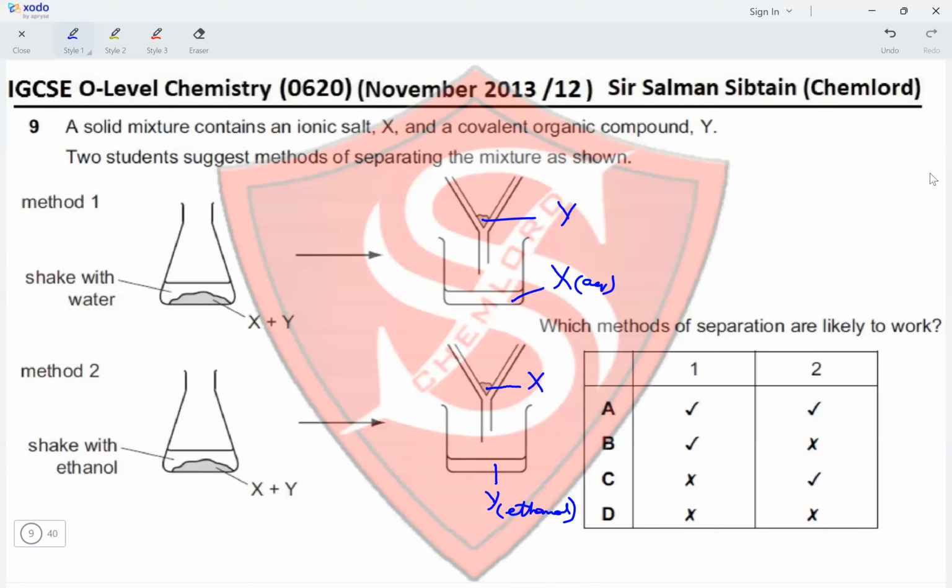Both should work, because water will dissolve the ionic compound and not the organic compound, and ethanol will dissolve the organic compound and not the ionic compound. So both methods are correct, making option A the correct option for this question.